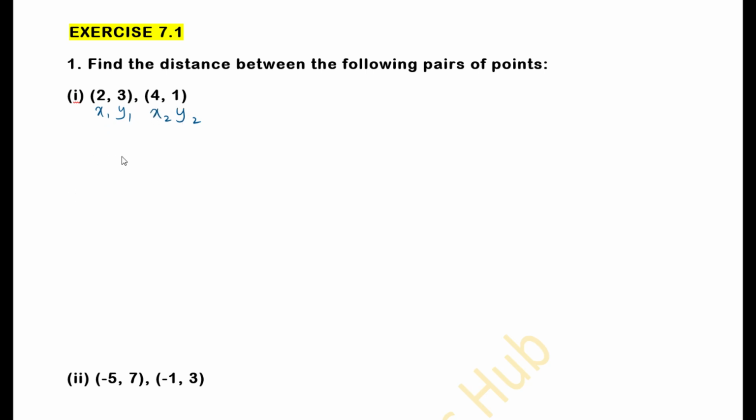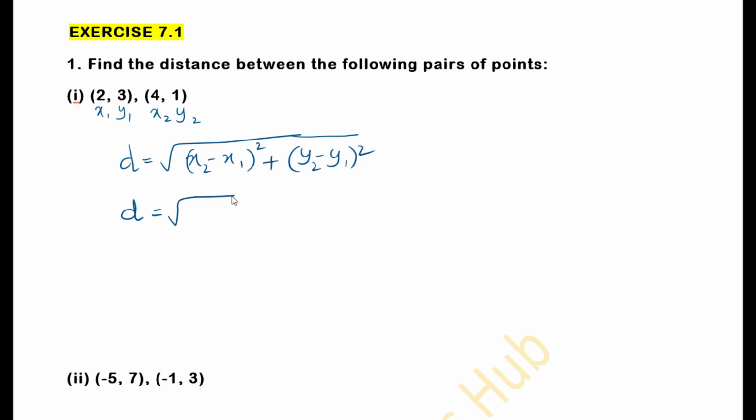Now the distance between the 2 points is given by the formula d equals square root of x2 minus x1 whole square plus y2 minus y1 whole square.